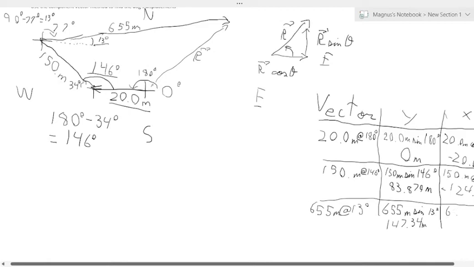Same as above, x component 655 meters times the cosine of 13 degrees. This equals approximately 638.21 meters.